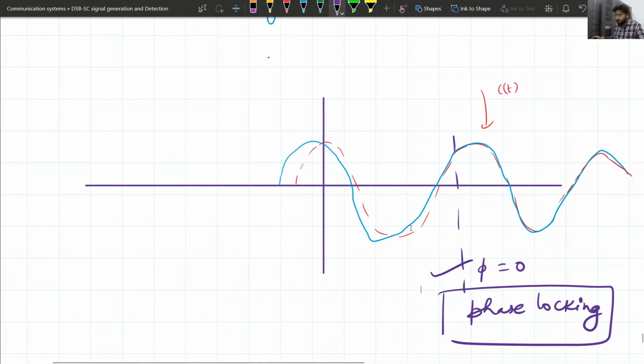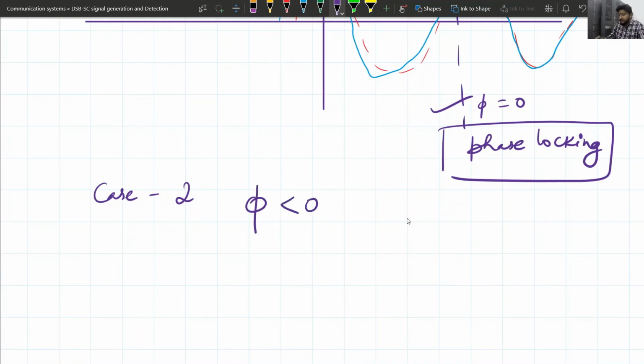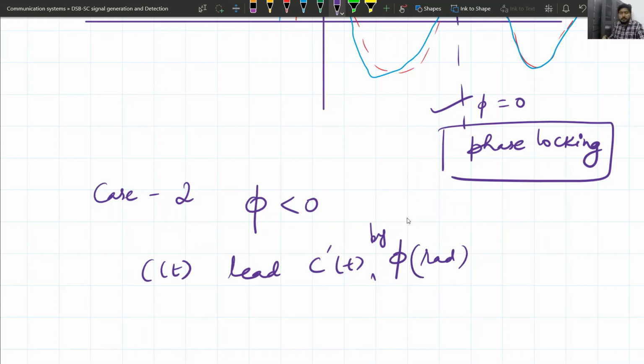Similarly, for case 2, when phi is less than 0, in that case c(t) leads c dash t by phi radians. In that case, what will happen?